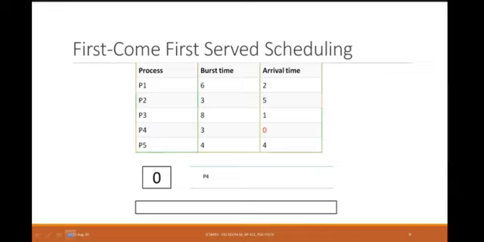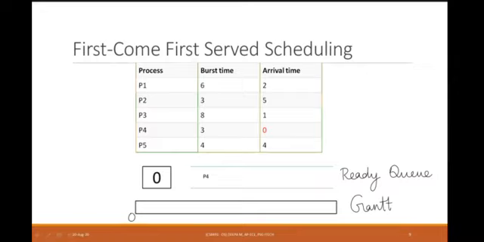At time 0, which process will be coming into your ready queue? So this is your ready queue, and this is your Gantt chart. The Gantt chart always starts with 0.